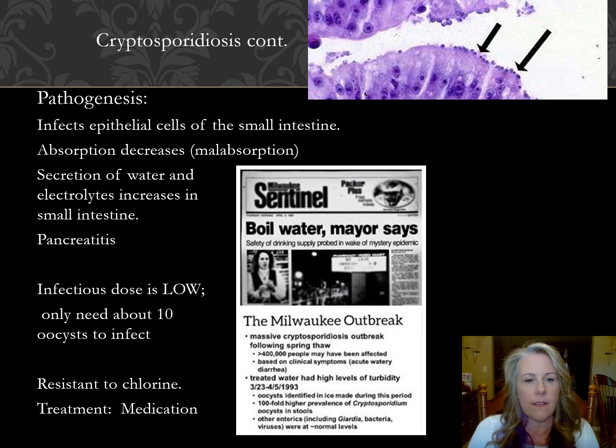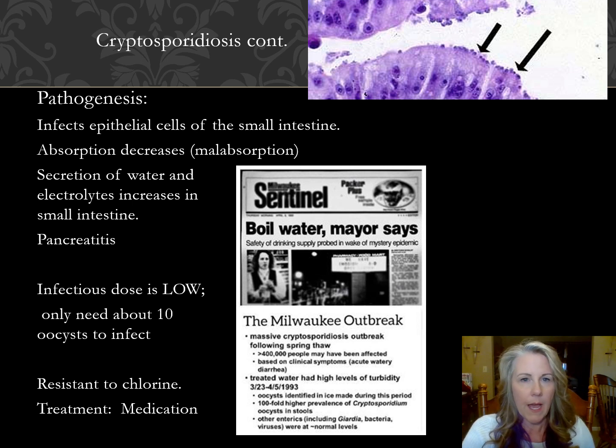And notice I said that a lot of these strains are resistant to chlorine. So even if they were chlorinating that water before they sent it out to the residents, it may or may not have killed this particular organism. So it takes the cyst in that life cycle in order to infect the human, right?